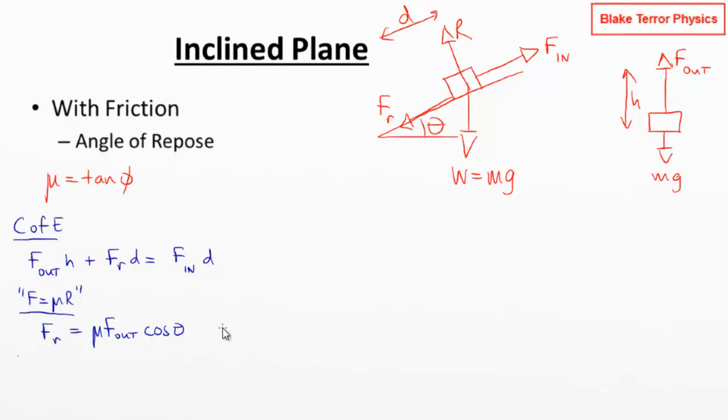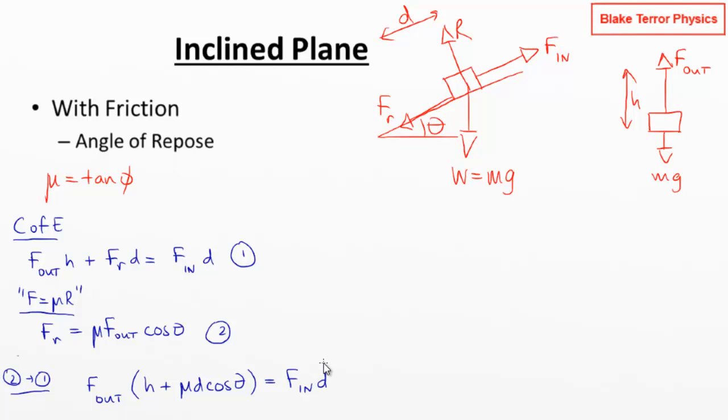So if we put 2 into 1, so that's our equation 2, that's our equation 1. We put 2 into 1. That means we can factorize the F out. So we got F out multiplied by h in the first term. And then we've got mu d cos theta in the second term, and that is equal to F in multiplied by d.